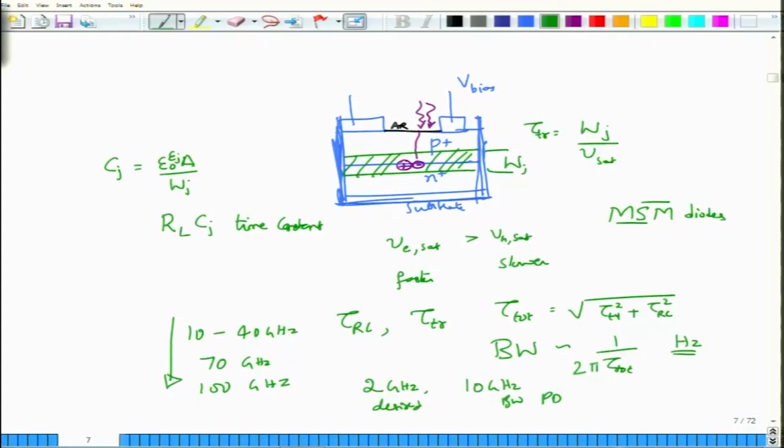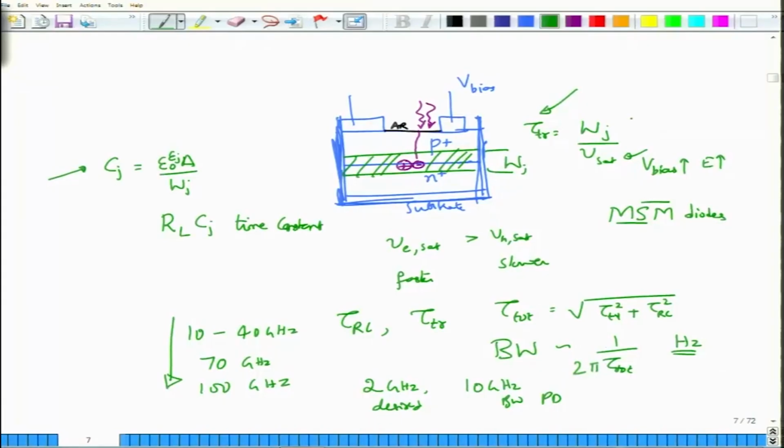Now, if you examine this Cj capacitance and tau Tr, you would realize something very interesting. Tau Tr, which is the transit time, is dependent on the junction width and the saturation velocity. This is something that you cannot change except by increasing the V bias, so that the electric field increases quite large. But if this Wj is very wide, then there is no point in increasing the field, because the transit time will anyway increase.